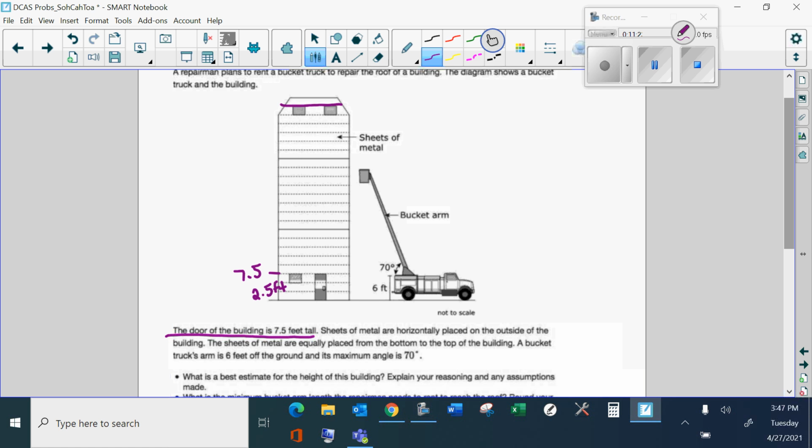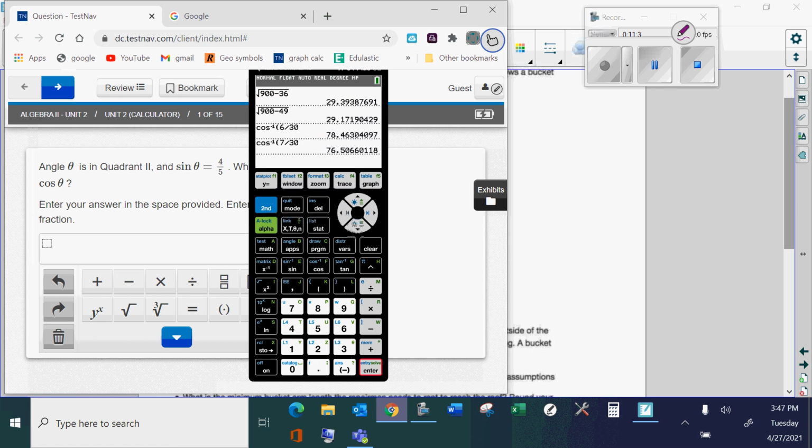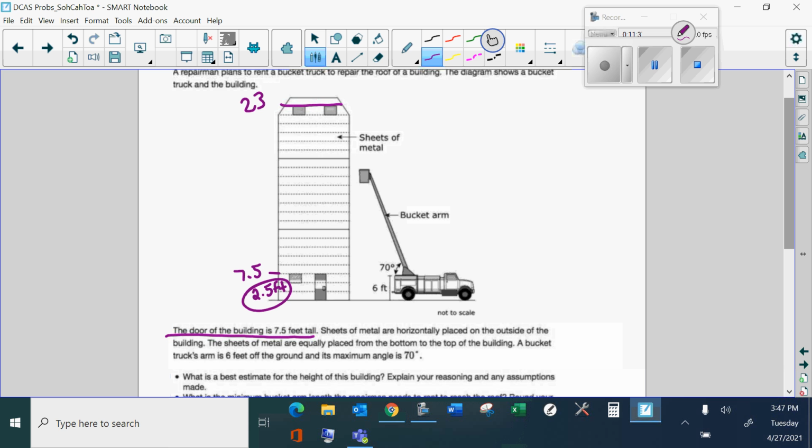And I can split that in half, 22, 23. So there's basically 23 sheets times the 2.5. 23 times 2.5 is 57.5 feet. So the height of the building is approximately 57.5 feet.